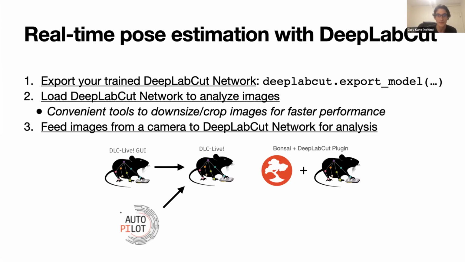This is a relatively new software package that leverages some very cheap hardware to run operant conditioning behavior across a whole room of boxes. And lastly, DeepLabCut-Live was designed to make it really easy to integrate this functionality into new software packages. So it should only take a few lines of code to add real-time DeepLabCut to your software applications.